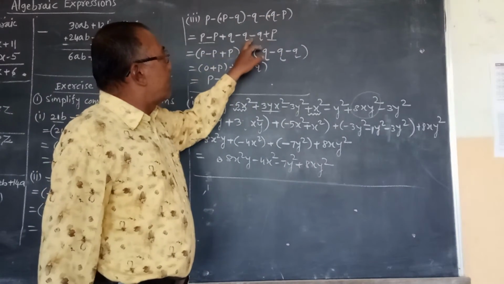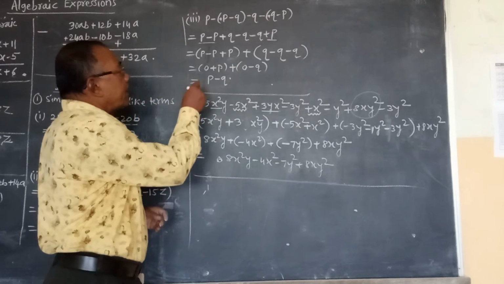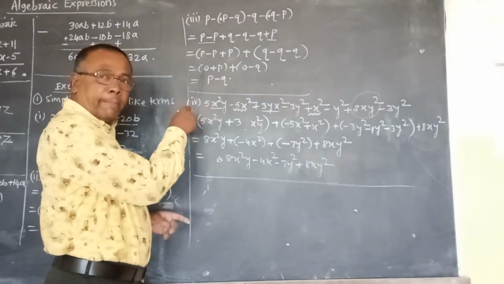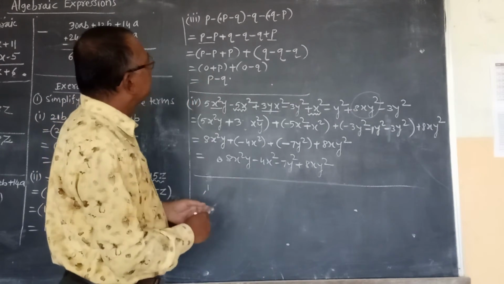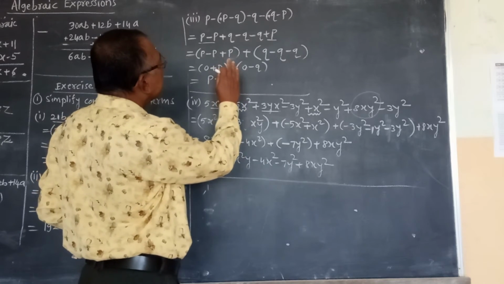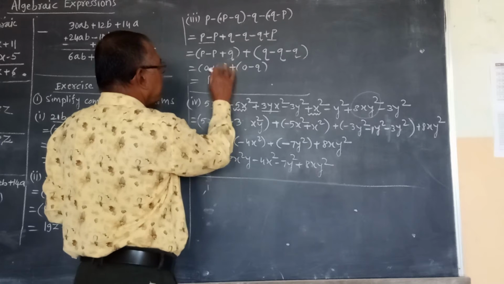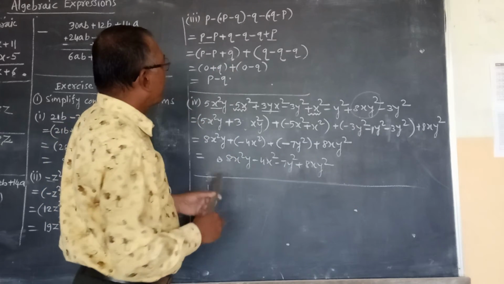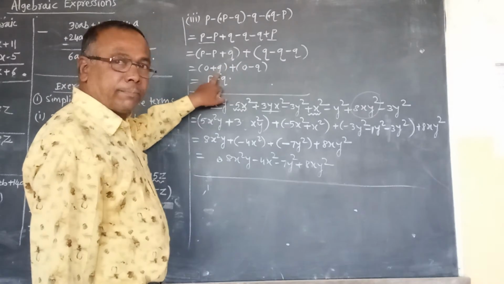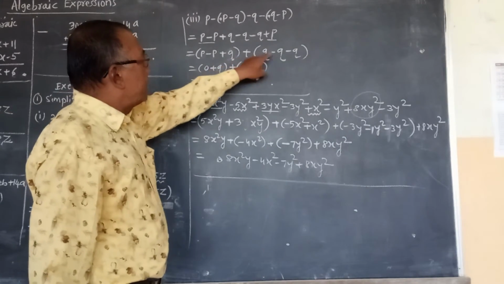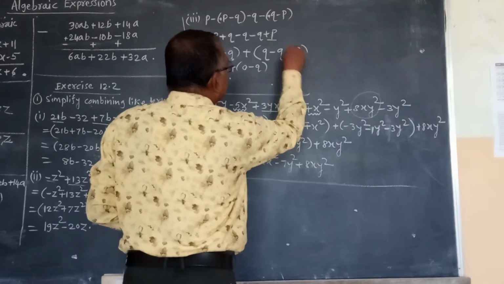Again plus q will become minus q, minus q will become plus p. Here p minus p will be 0. So 0 plus q, 0 plus p. Zero plus q as it is. Then here q minus q, and the last is plus p.